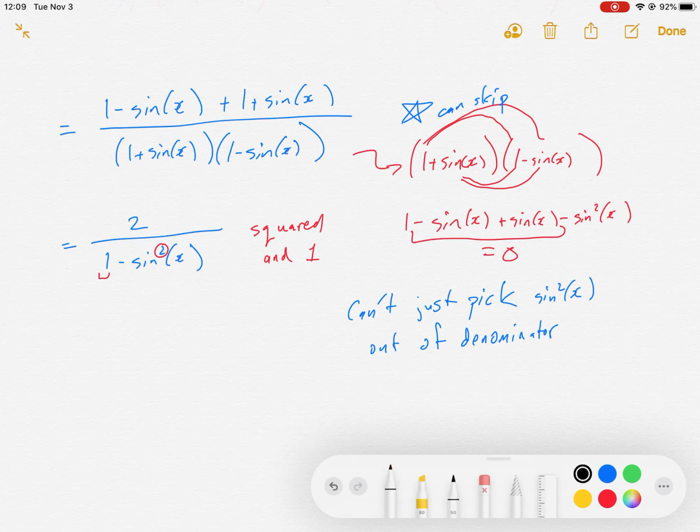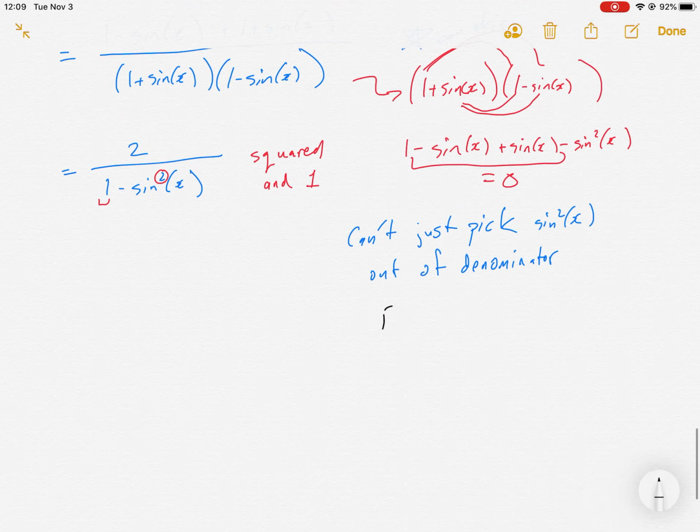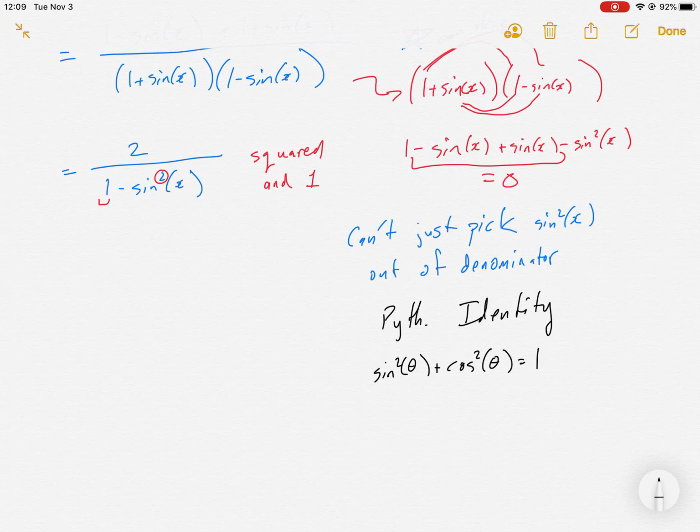So if you take a look in your notes, the Pythagorean identity says that sine squared of theta plus cosine squared of theta always equals 1, no matter what theta is.